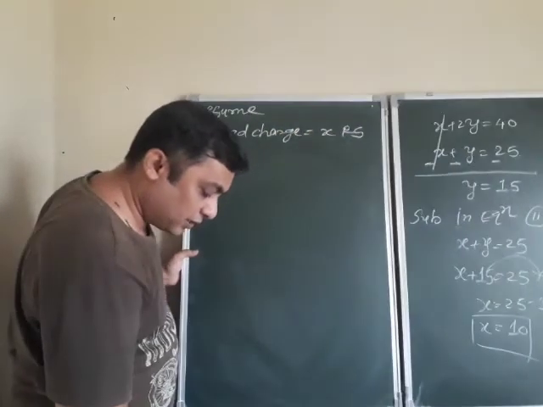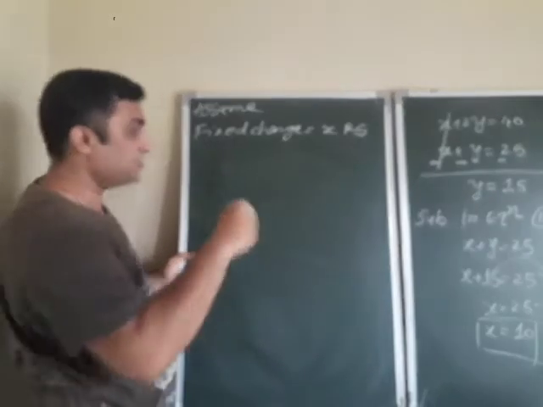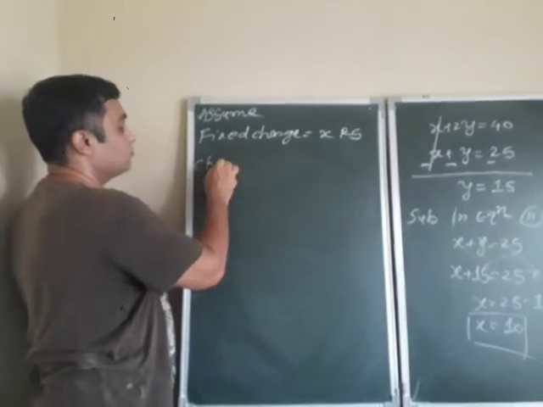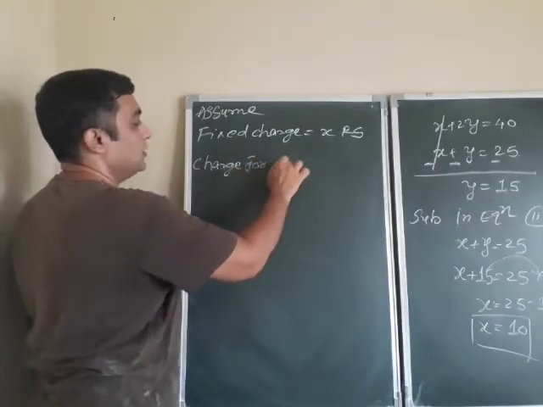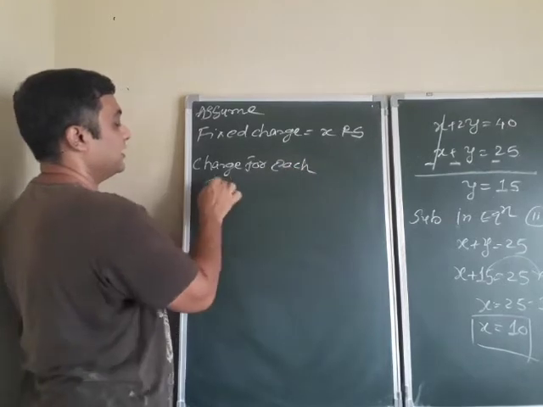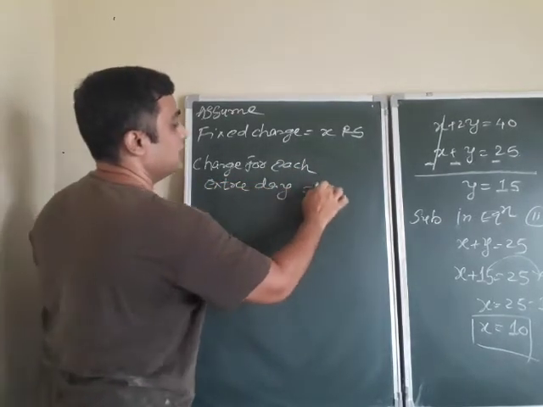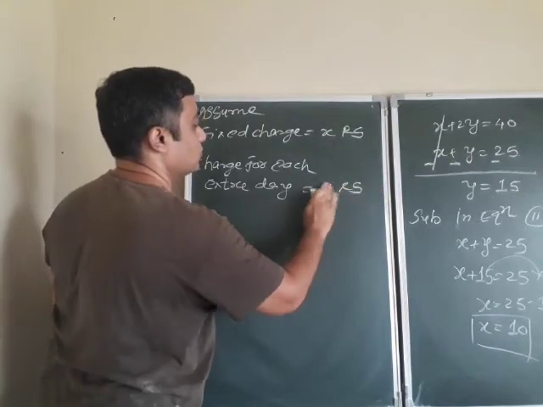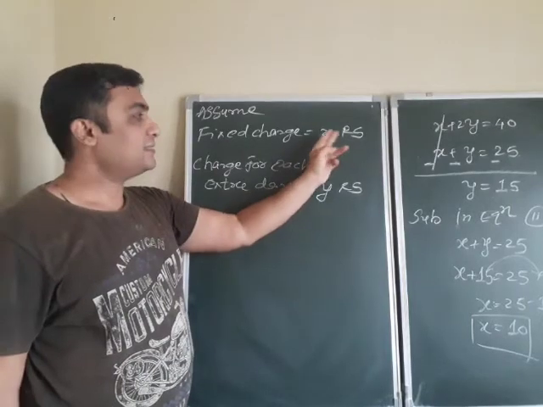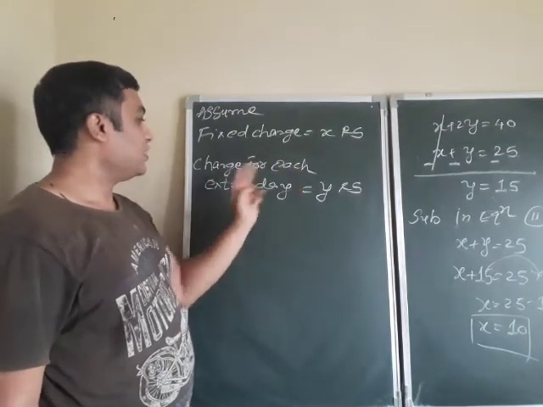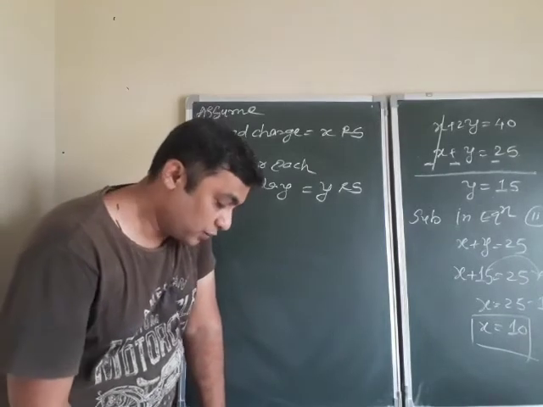And the charge for each extra day is equal to Y rupees. So the fixed charge for the library is X rupees, and the charge for each extra day is equal to Y rupees. Ready? Now read the data very carefully.